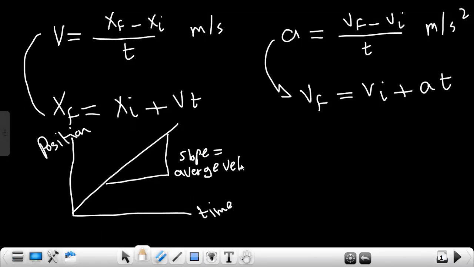And the absolute value of the slope equals what?